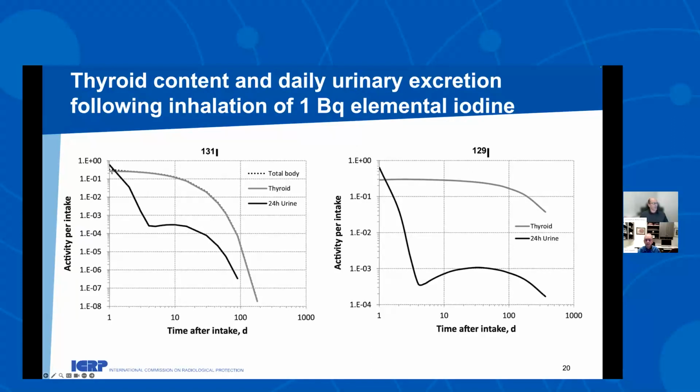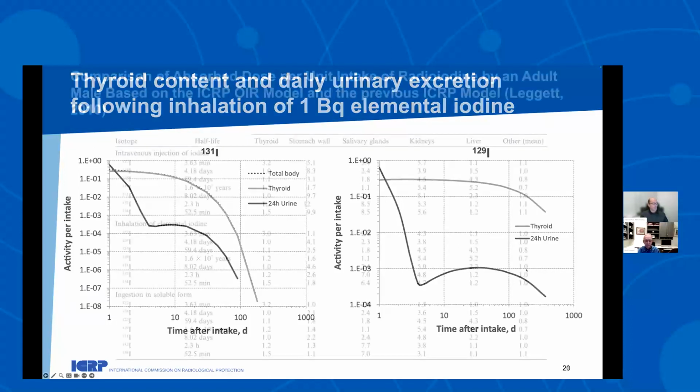As I said, in the case of iodine 131, because of physical decay, this curve really has a substantial slope. It's substantially physical decay rather than biokinetics. You cannot say this about urine excretion. This is rather unusual behavior for radionuclides in the human body. You can see some secondary peak because of recycling of iodine in the human body. And for iodine 129, which is really extremely long-term, it's much more pronounced.